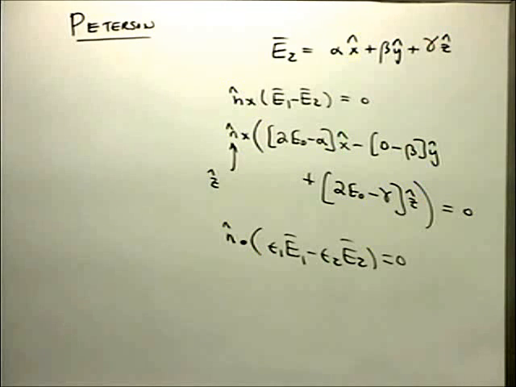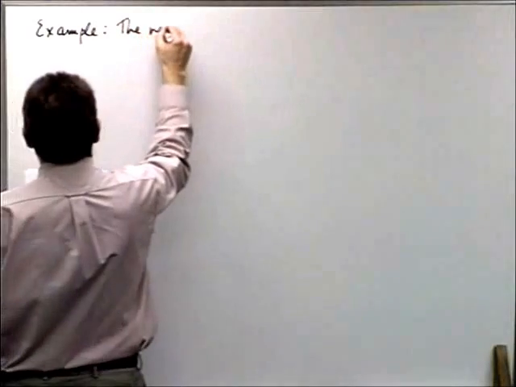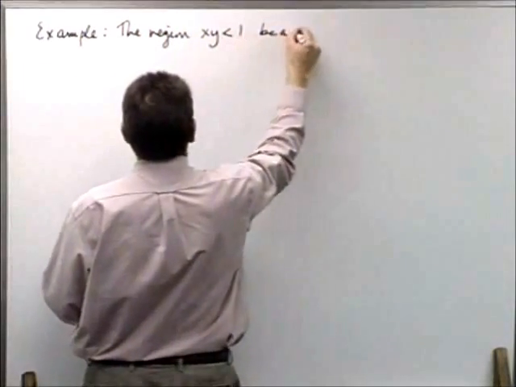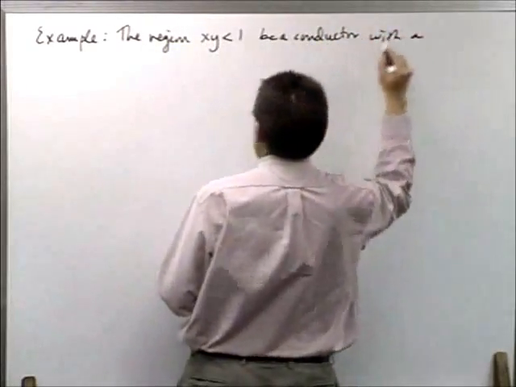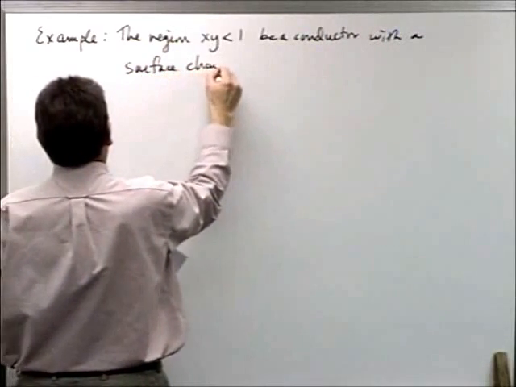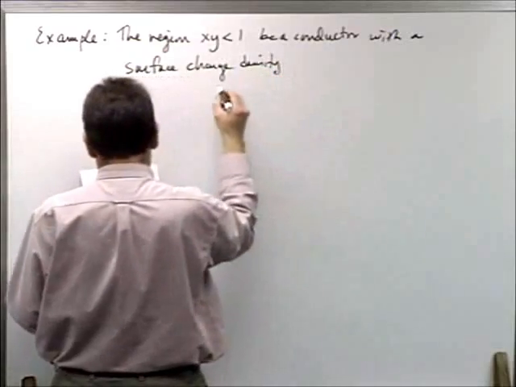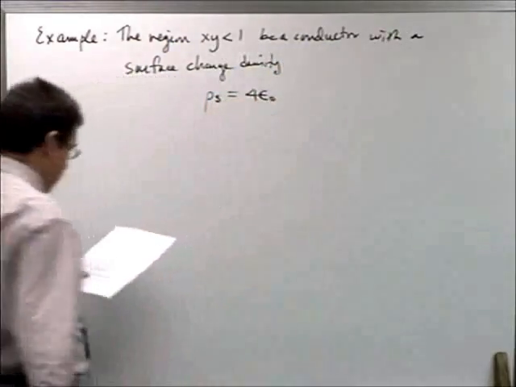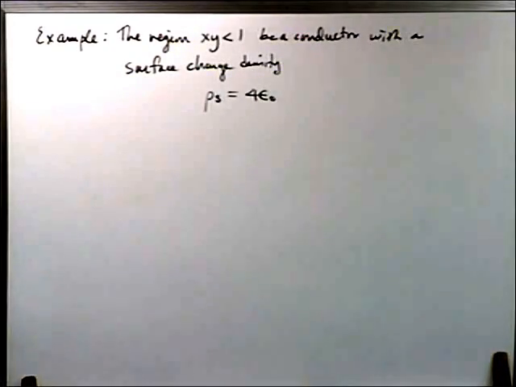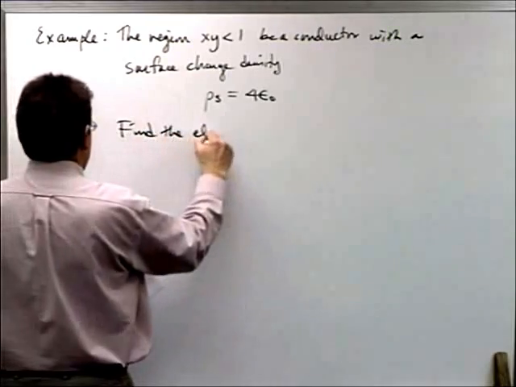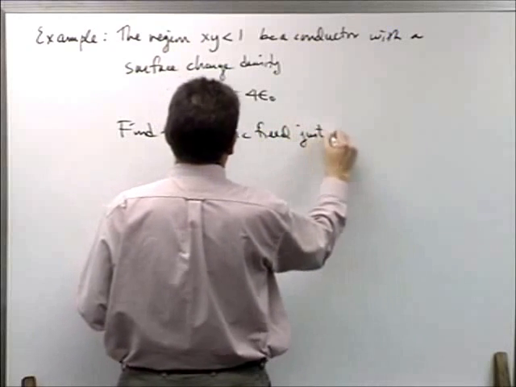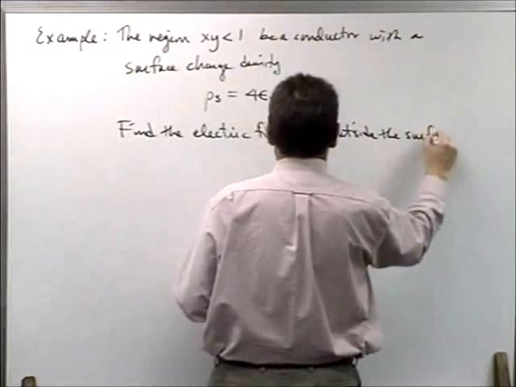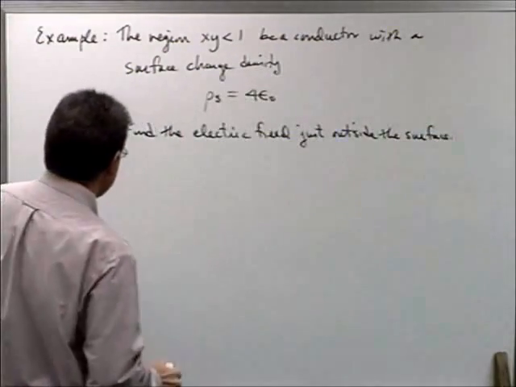And in this case, let's let the region xy less than 1 be a conductor, and let's suppose it has a surface charge density on it, rho sub s equal to 4 epsilon 0, and we'd like to find the electric field just outside the surface. Assuming that we just have free space out there.